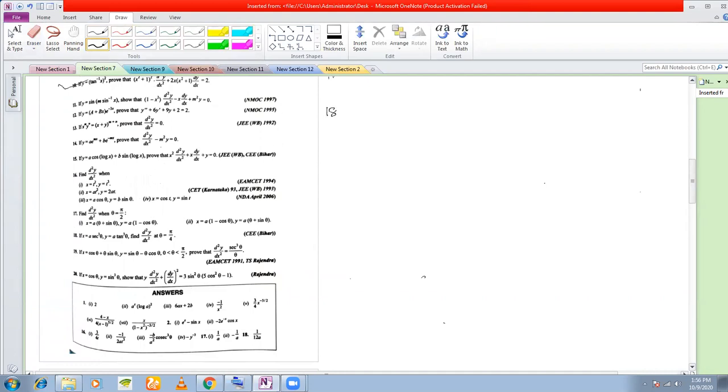You are given x is equal to a sec cube theta and y is equal to a tan cube theta. Find d2y dx2 at theta is equal to pi by 4.